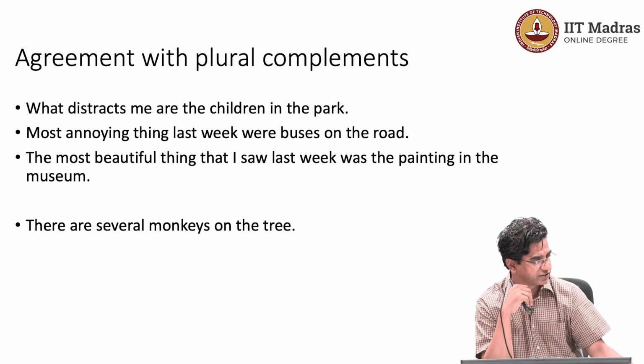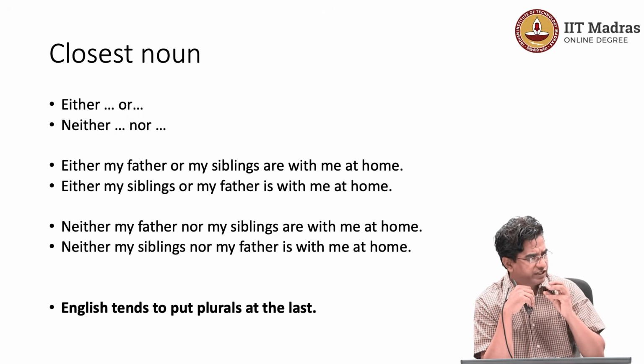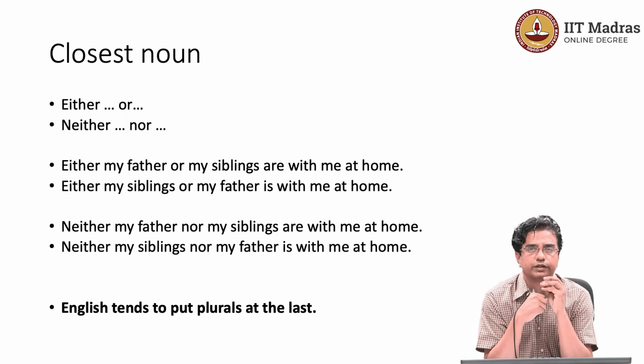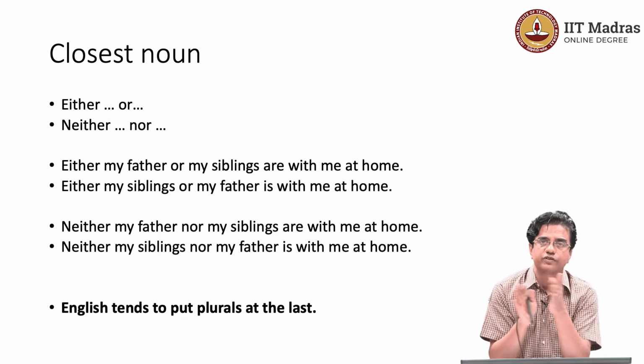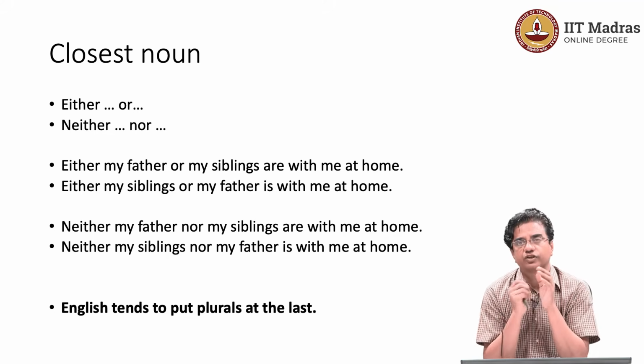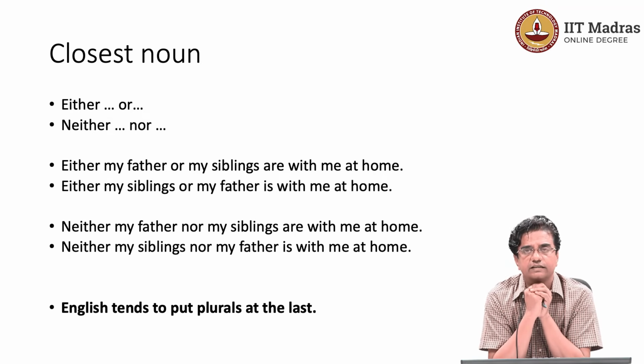So for these kinds of sentences, we need to pay a little special attention. We talk as a rule that in either-or and neither-nor type of sentences, we take the second noun, that is the nominal element after "or," which participates in agreement.